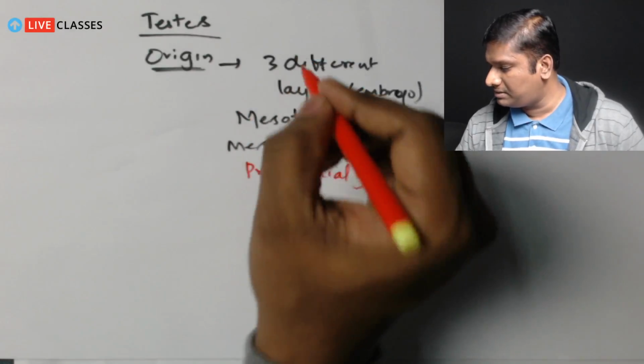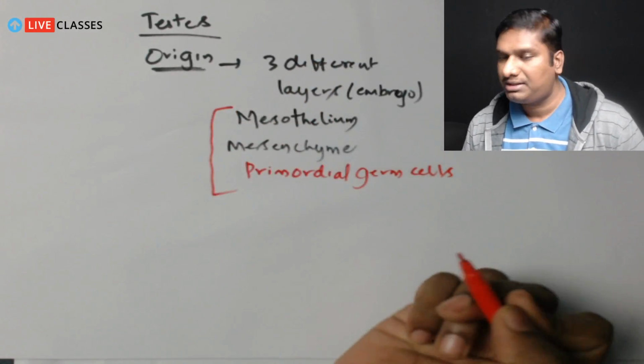So the testis is derived from all three layers.